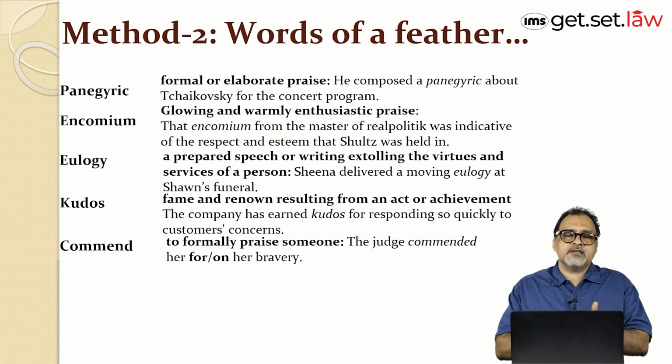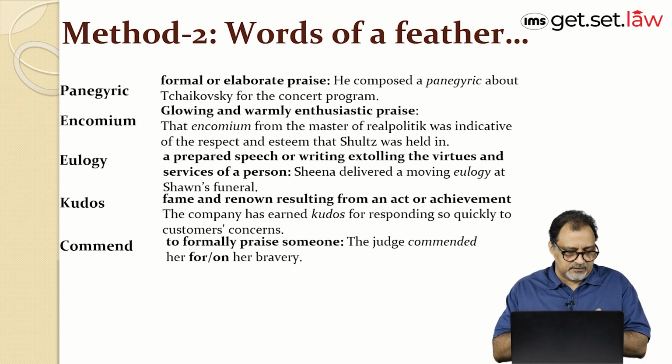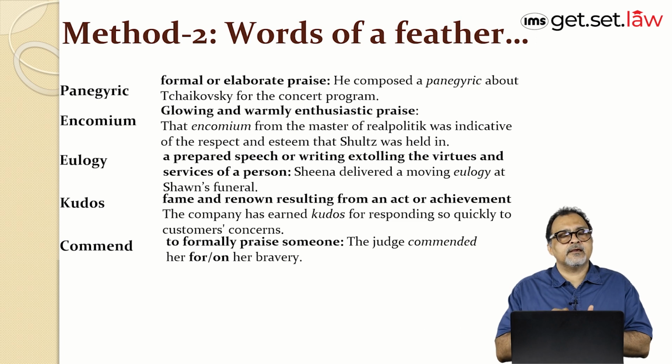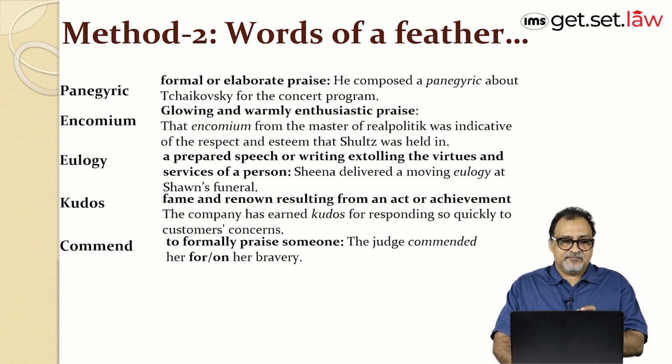So if you know that these words mean nearly the same, but eulogy is used at a funeral, panegyric is formal praise, encomium is enthusiastic, so slightly informal, you will know which word to use in context. Now, incidentally, I checked.